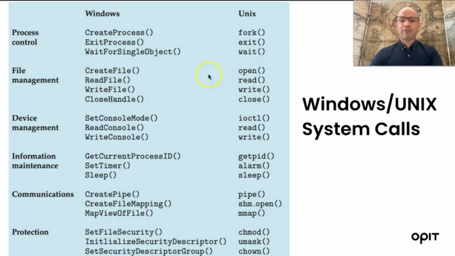ReadFile, read; WriteFile, write. You get the idea. Things like setting a timer: we use SetTimer in Windows, alarm in Unix and Linux. Communications: CreatePipe or pipe. Protection: SetFileSecurity or chmod. With chmod, we just set or reset bits on a file, a directory, or a resource that give certain levels of users access and deny certain levels of users access.